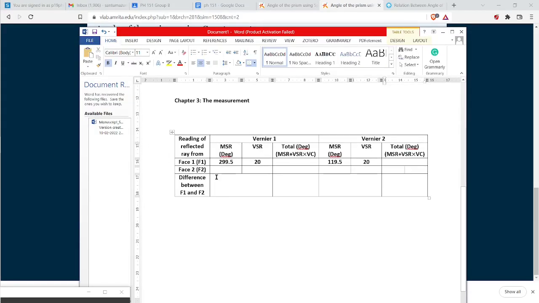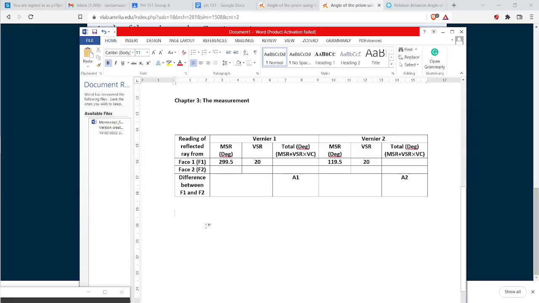For example, suppose this is the difference between F1 and F2, that means this minus this. Suppose this is a1, and this is a2. So a1 minus a2.